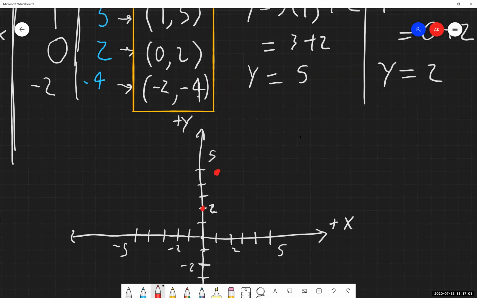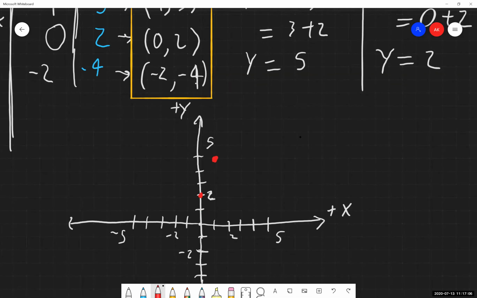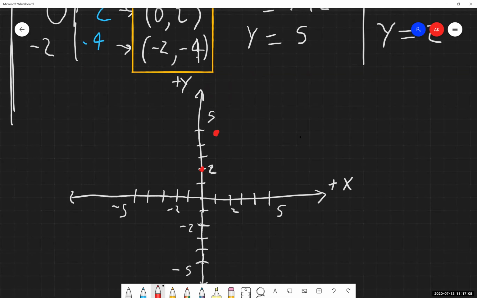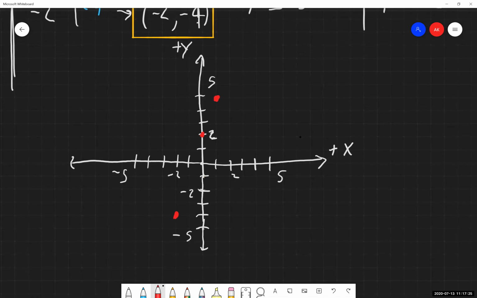My last point that I have is -2, -4. So it means I'm moving 2 in the negative direction horizontally. And then I'm moving 4 in the negative direction vertically. So horizontally and then vertically every time. So our third point right there. And now, so mine's not going to look particularly as good, but you guys, you'll have a ruler. You can connect these points together.